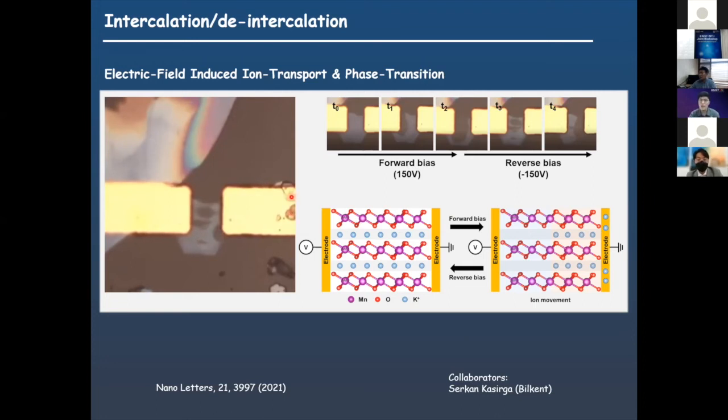So basically, we can tune the alkali metal ion concentration inside this flake, and it is reversible. Depending on the alkali metal ion concentration, the optical and electrical characteristics of this material change, as you can clearly see in this video. So it is also pretty interesting.